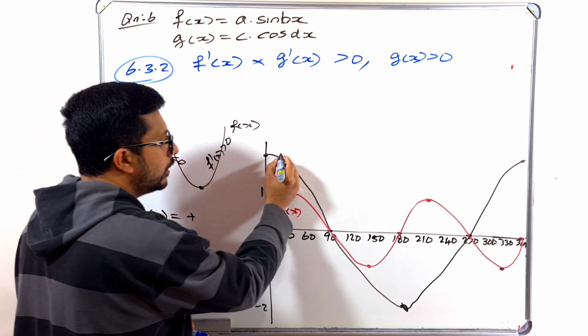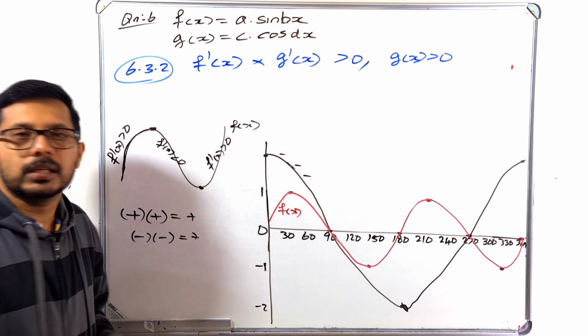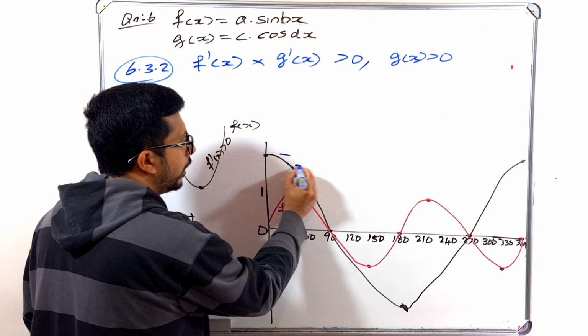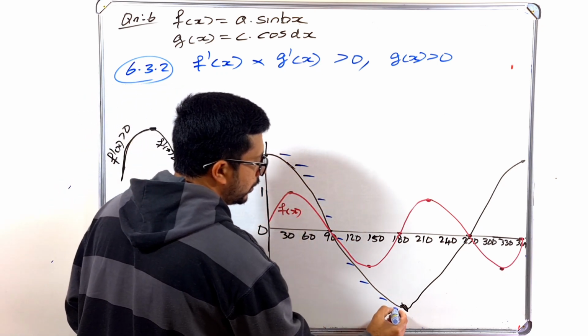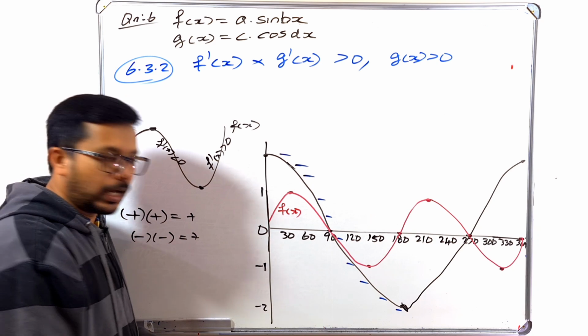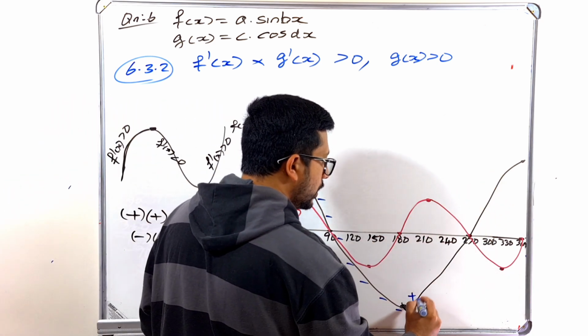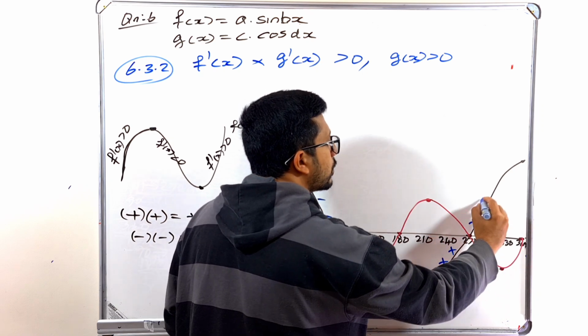So since the graph is decreasing, the first derivative is negative, negative, negative, up to there. After that turning point, the graph is increasing, so it means that when the graph is increasing, the first derivative is positive.